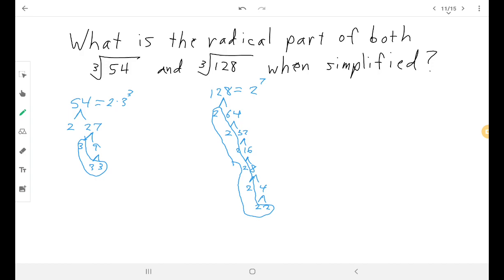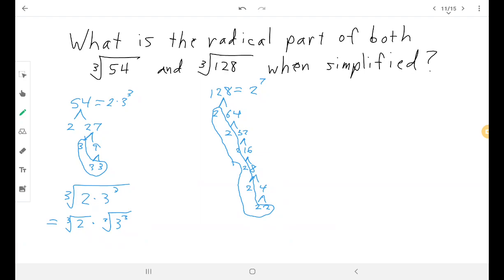And now we want to look at it in such a way that we can take cube roots. So the cube root of 2 times 3 to the third is the same as the cube root of 2 times the cube root of 3 to the third.